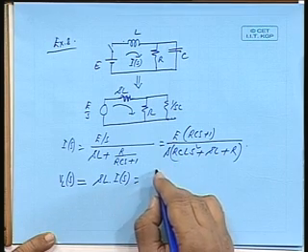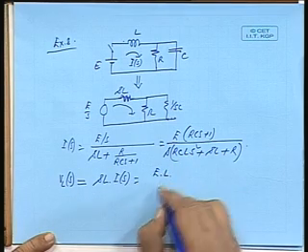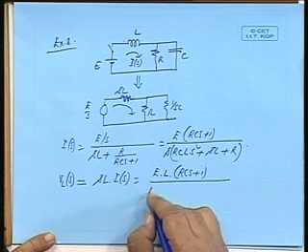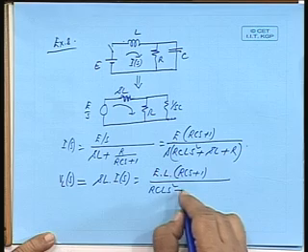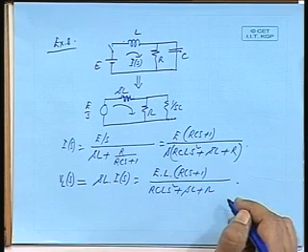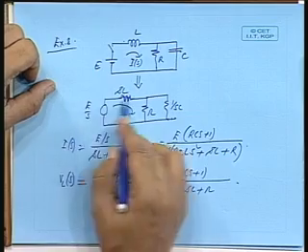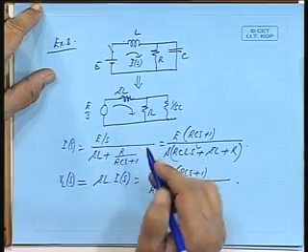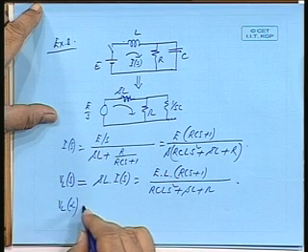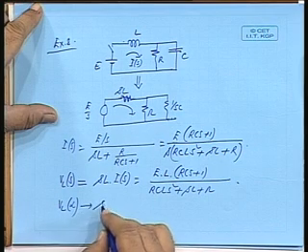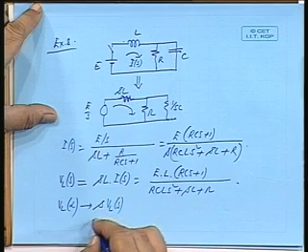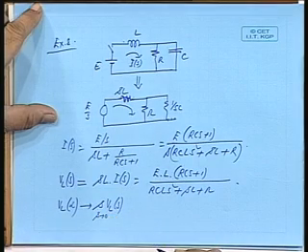So, it will be E into L into RCS plus 1 divided by RCL S squared plus SL plus R. Now, if I want to calculate the steady state value, that is VL at infinity, then I should calculate S times VL(s) and then put S tending to 0.